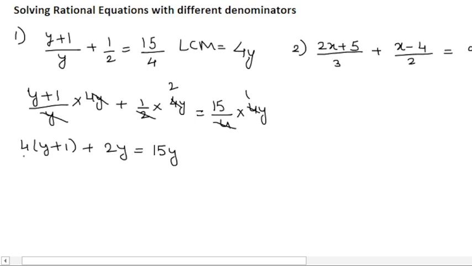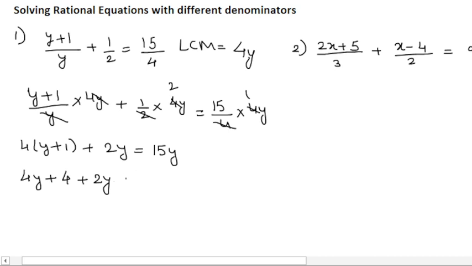Along with that, we need to expand this bracket. So when I expand this bracket, what I get is 4 times y plus 4 times 1, 4y plus 4, plus 2y. 15y, we need to transpose it to the left side of the equation.